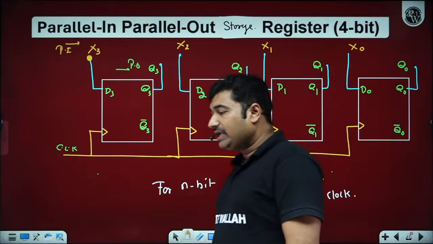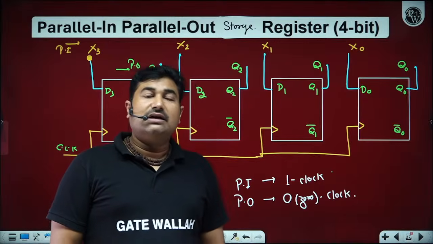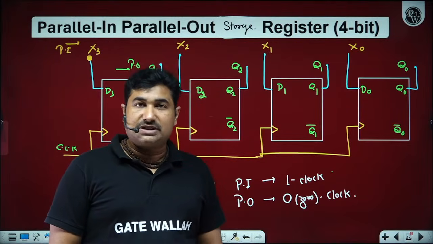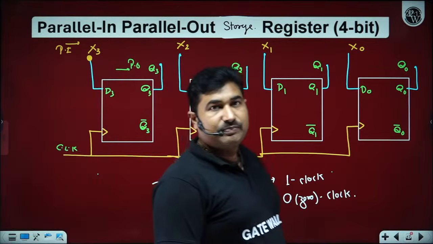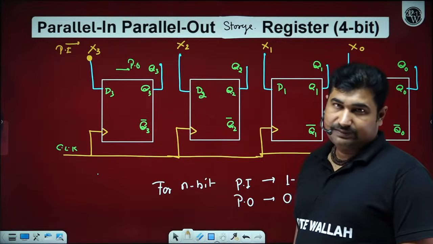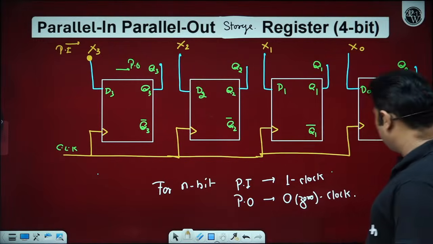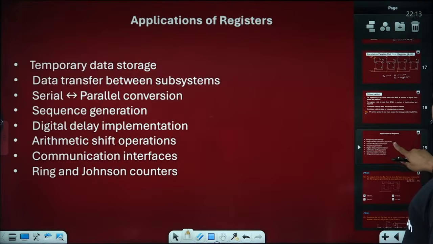In case we have to do serial to parallel conversion as well as storing the data, multiple operations, then we need to go with the shift registers. One of the greatest uses of the shift register is a ring counter. Ring counter will have further multiple uses.